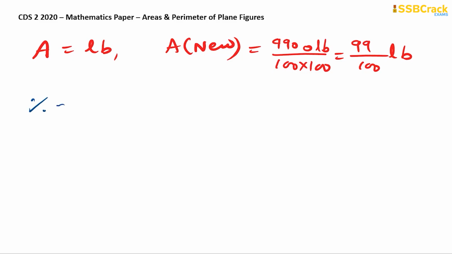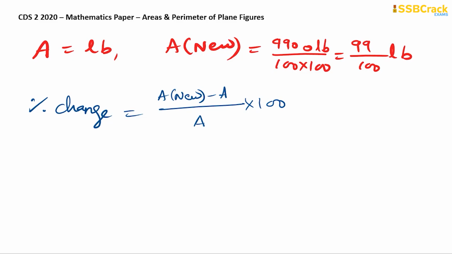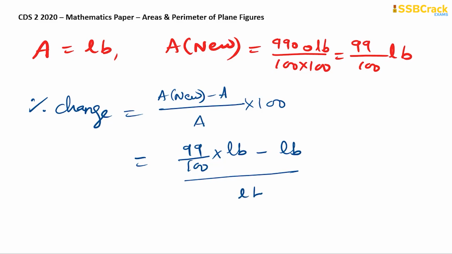So percentage change, what's the formula? You must know it. It is the A new minus the A original upon the original into 100. This is the percentage change formula, right? So A new we have 99 upon 100 into LB minus LB upon LB into 100. So you can notice here that LB will come out common from the numerator and cancel with the denominator, because the same is present there.